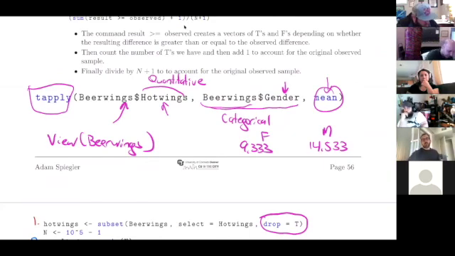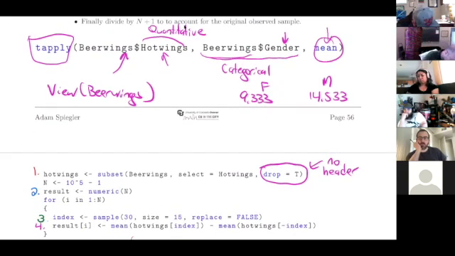All it's doing is it's going to peel off just the variable Hotwings, and it's going to ignore all of the other variables, but it's going to pull off all of the Hotwing values into one column. And this drop equals T means it's going to have no header. So rather than be treated as a table, it's going to be read as a vector.